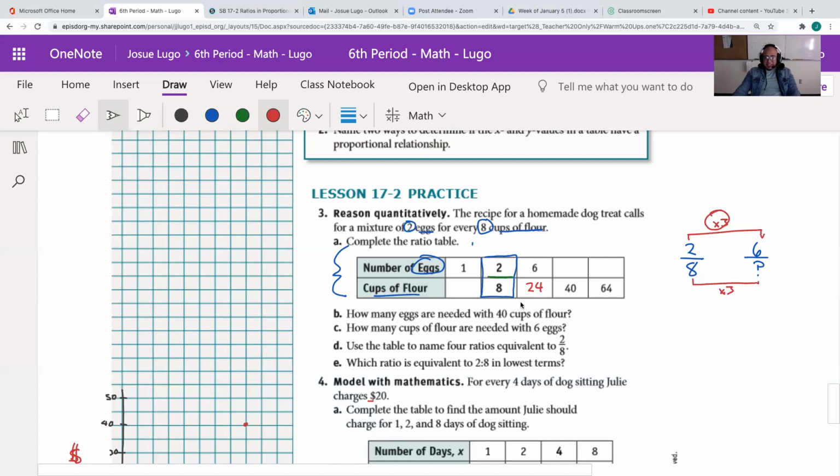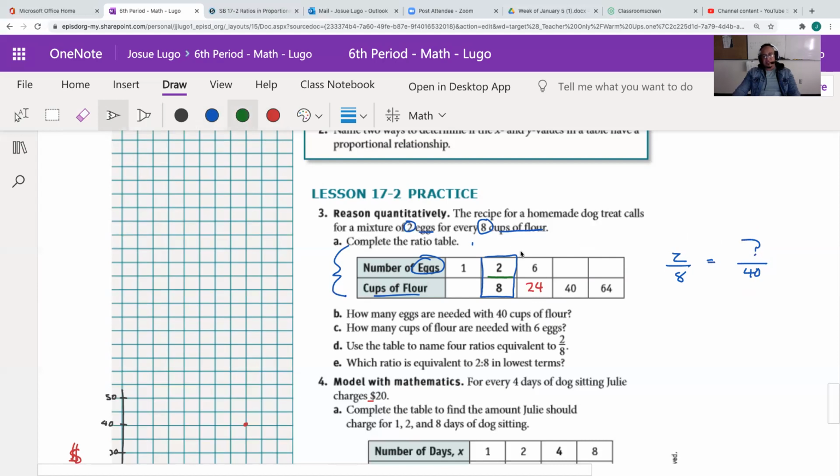Let's do the same thing. Let's keep working with 2/8. Now let's say that instead of having lots of eggs, you have tons of flour. You have 40 cups of flour, and you're asking yourself, if I have 40 cups of flour, how many eggs am I going to need?